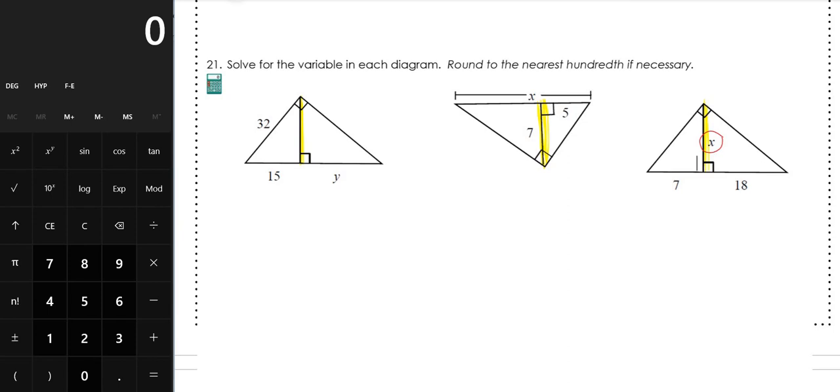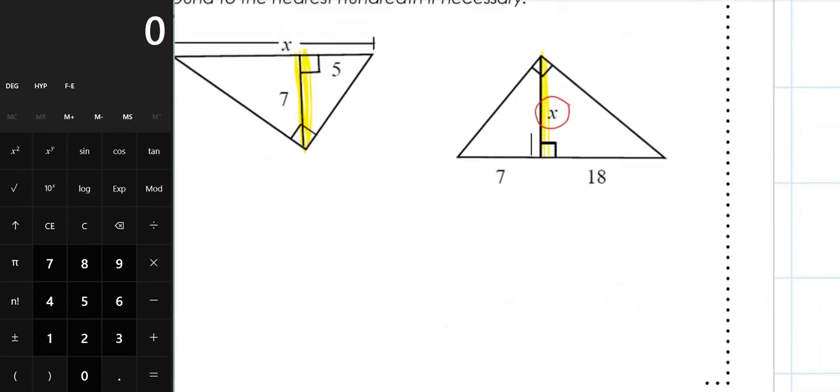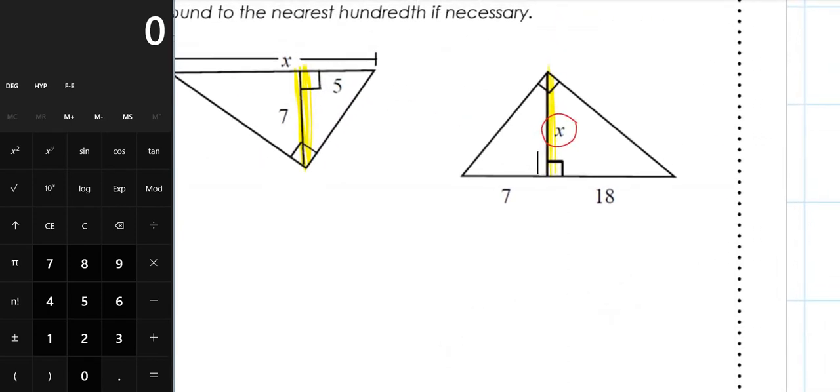I'm going to zoom in so we can focus on this one problem. I call it short over alt, in other words, altitude, equals alt over long. So short over alt equals alt over long.